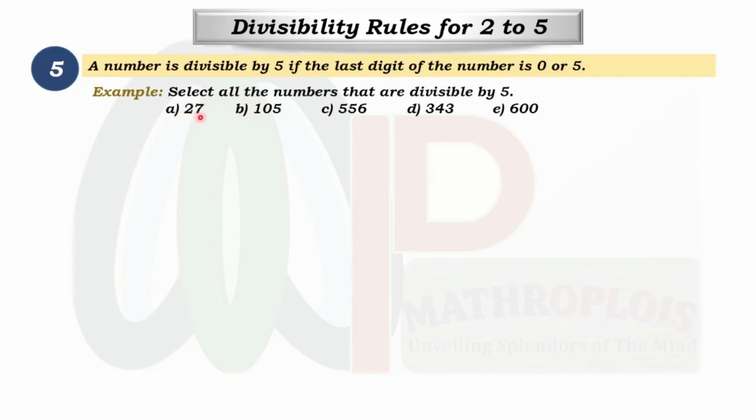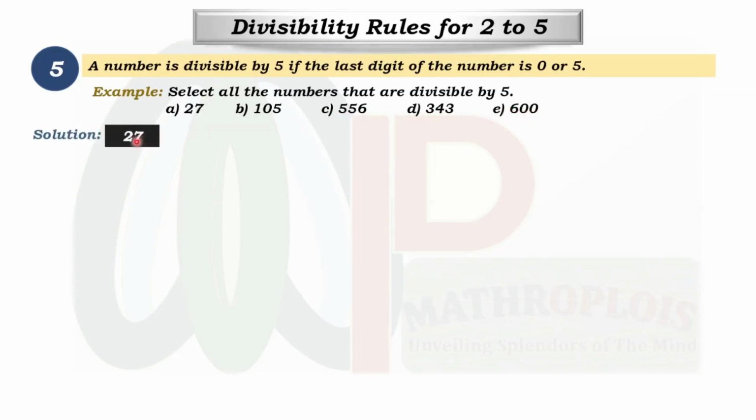Example is, select all the numbers that are divisible by 5. Here first number is 27, second number is 105, third is 556, fourth number is 343, and the last number is 600.